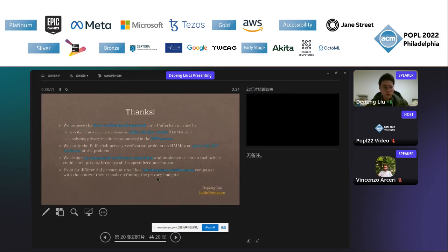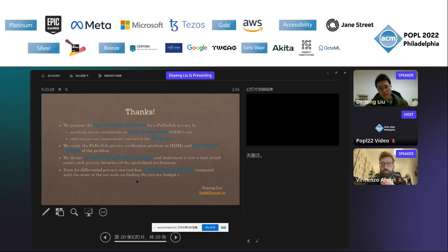So to conclude, we propose the first verification framework for epsilon Pufferfish privacy, which specifies privacy mechanisms as hidden Markov models and analyzes privacy requirements encoded in SMT queries. We studied the Pufferfish privacy verification problems on HMMs and proved the NP-hardness.